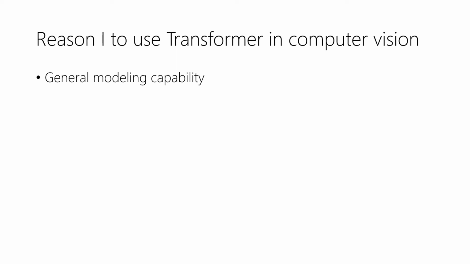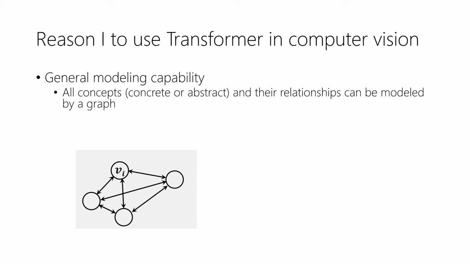Let's go to the first reason to use transformer in computer vision: that transformer owns general modeling capability. In fact, transformers can be treated as a general graph, where all concepts and their relationships can be modeled by a graph. The concepts can be either concrete or abstract.